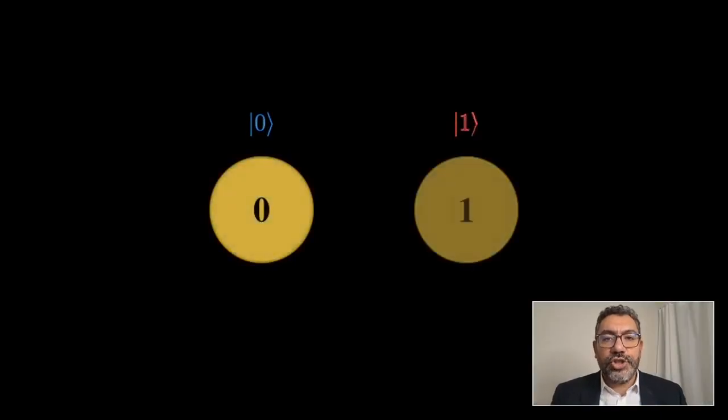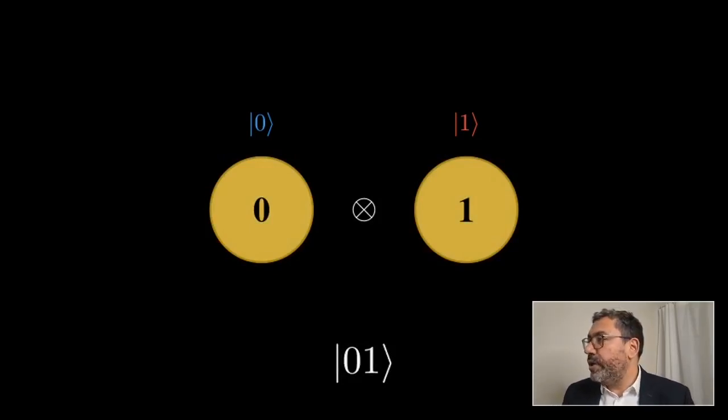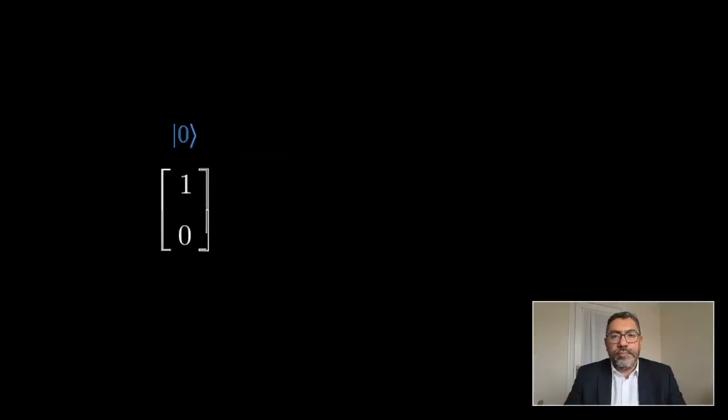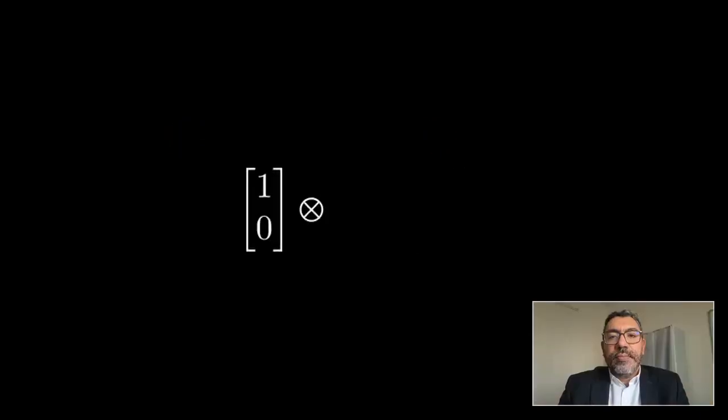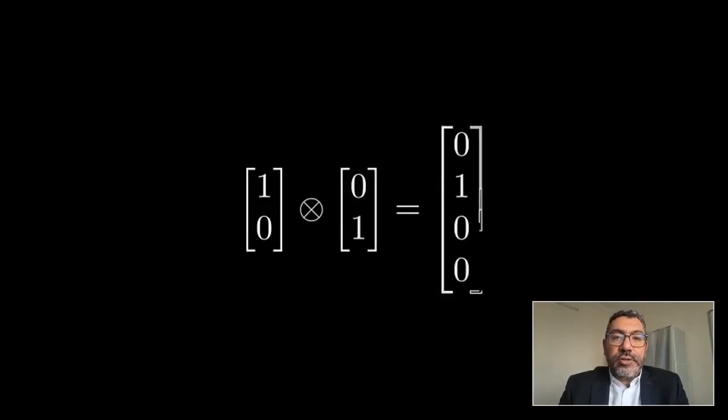Using the coin analogy, this means the first coin is in state 0 and the second coin is in state 1. As vectors, ket 0 is 1, 0 and ket 1 is 0, 1. Their tensor product becomes a four-dimensional vector representing the two-qubit state 01.